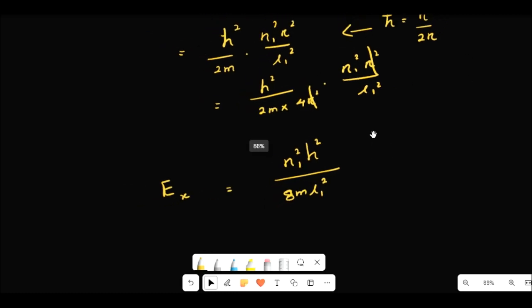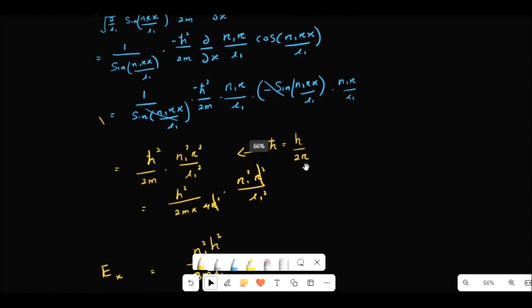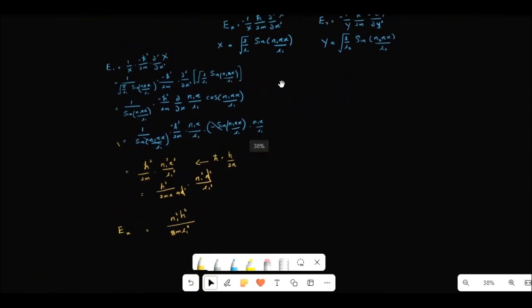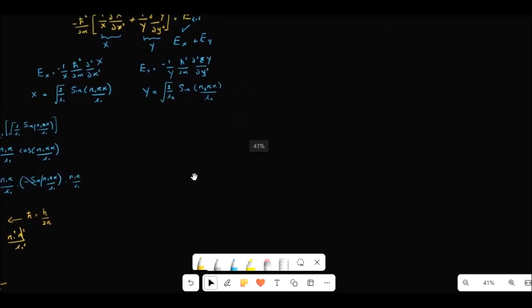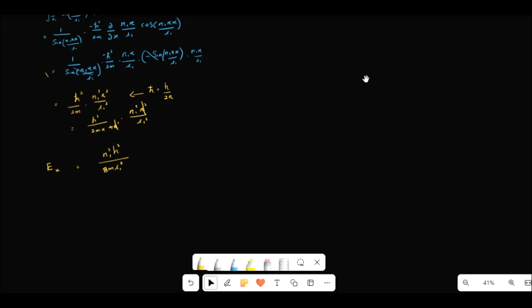So you can do the same thing for the y term also, right? The same derivation is happening over here too. So I'm not going to do the derivation again. I will just write the expression right here. The y term is equal to n2 squared h squared over 8m L2 squared, right? So now you know the total energy is given by these two energy components combined.